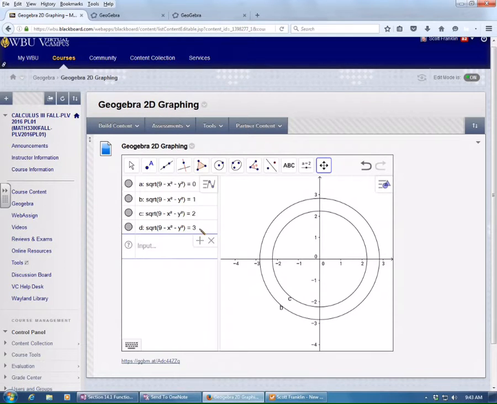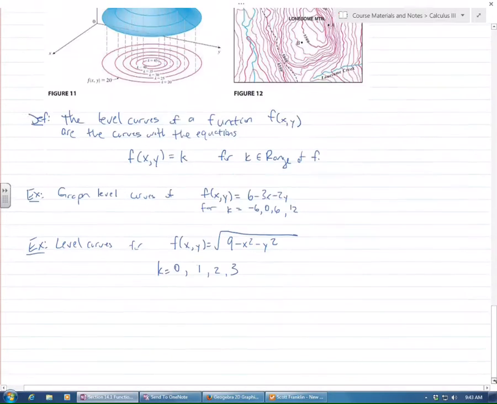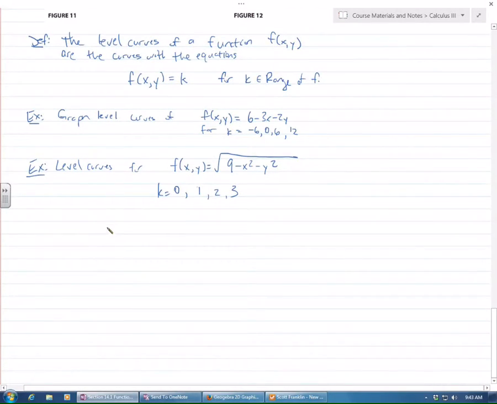By the way, if I do square root of 9 minus x squared minus y squared equals 3, that's actually a point (0, 0). That's the only one that satisfies that. You can see that by looking at the formula. If I square both sides, you get 9 minus x squared minus y squared equals 9.